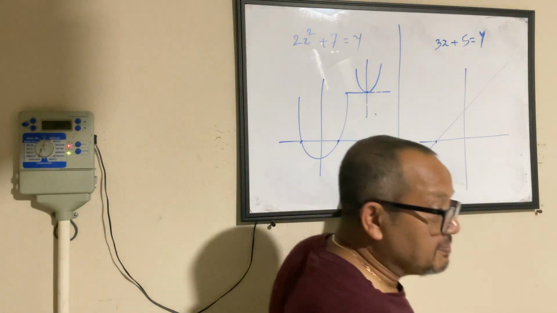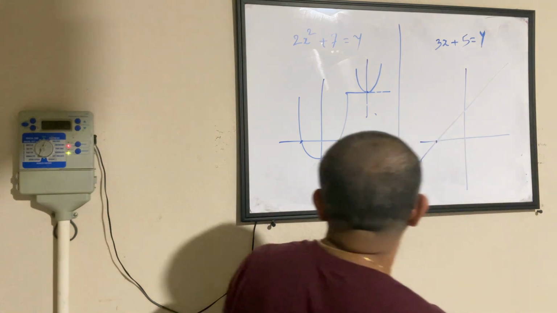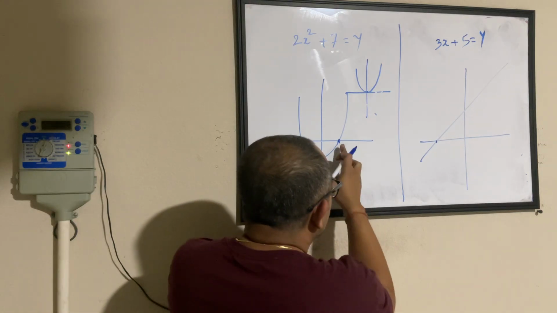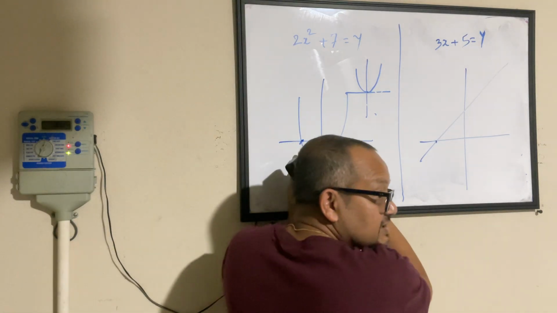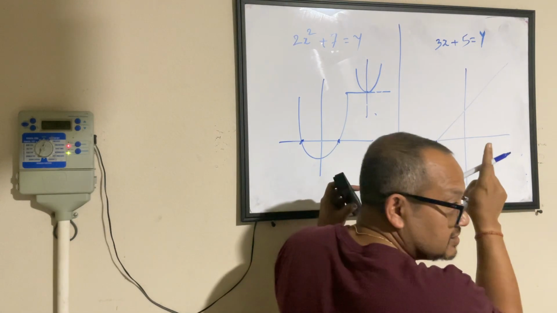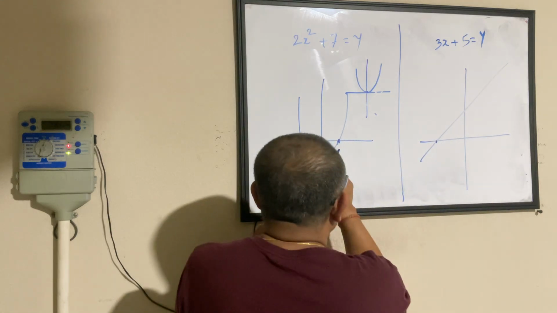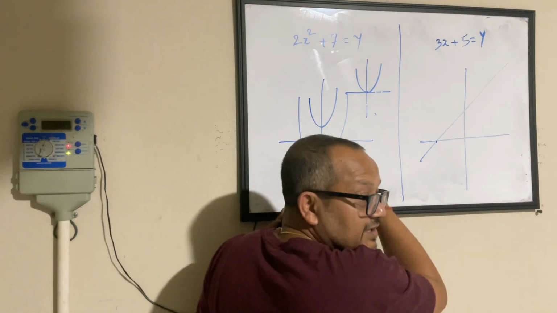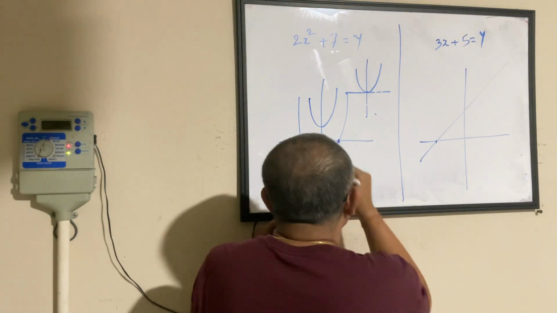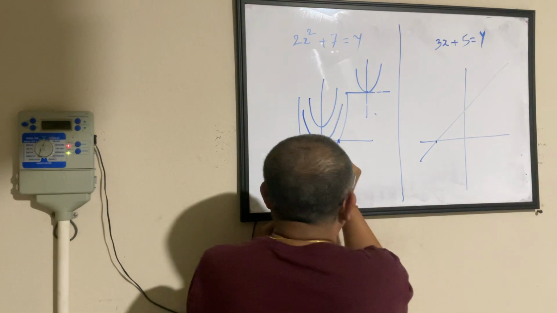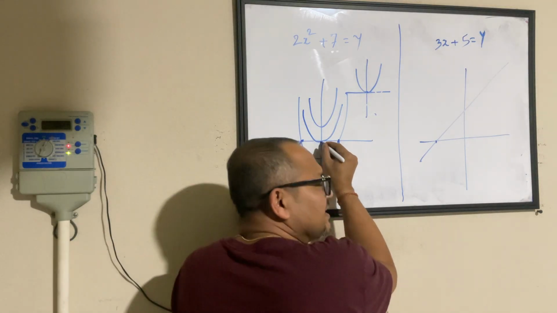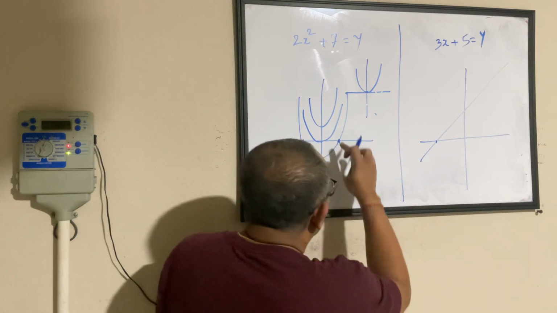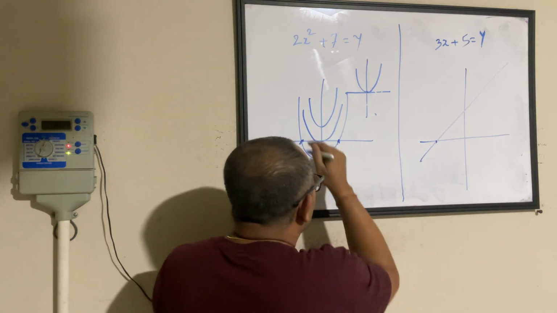Just by looking at it, at max, the parabola can meet or cross the x-axis at two places. If this is the situation, it's meeting at two places. If this is the situation, no crossing, no intersecting the x-axis. Or if this is the situation, it can meet the x-axis at one point. So, 0, 1 or 2. There is no third option.